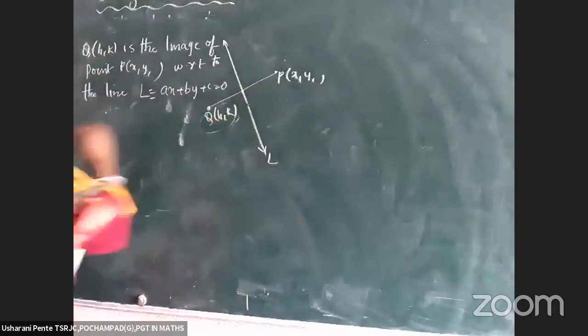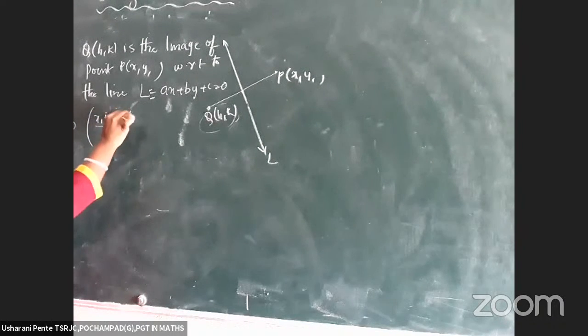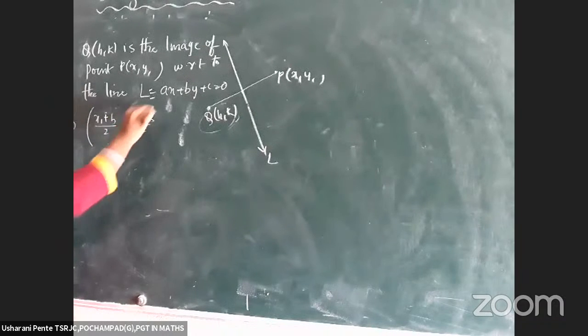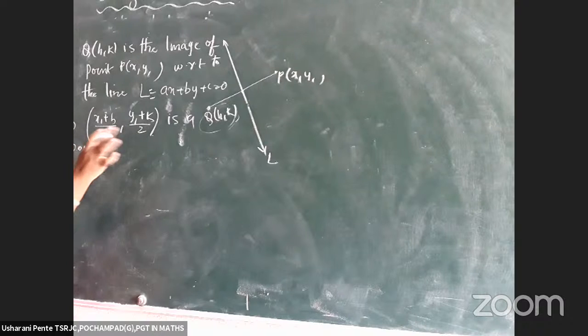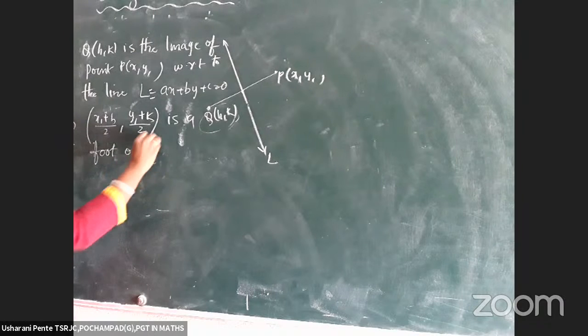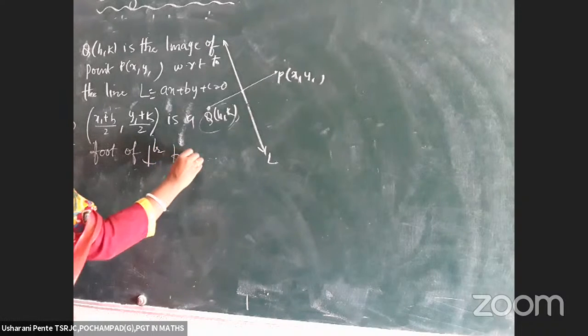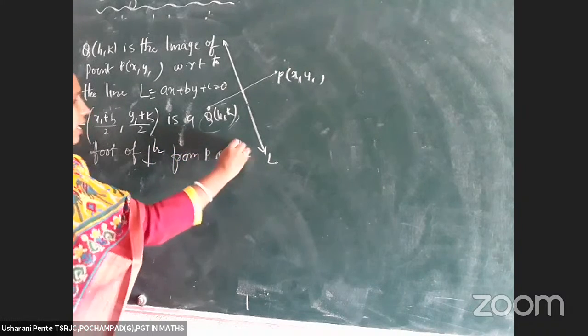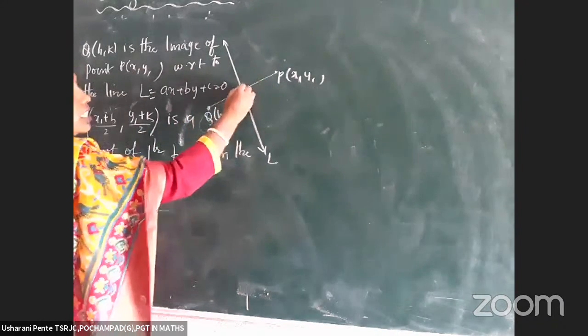Therefore, ((x1 plus h) by 2, (y1 plus k) by 2) is the foot of the perpendicular from P on the line L. So this will become the midpoint.